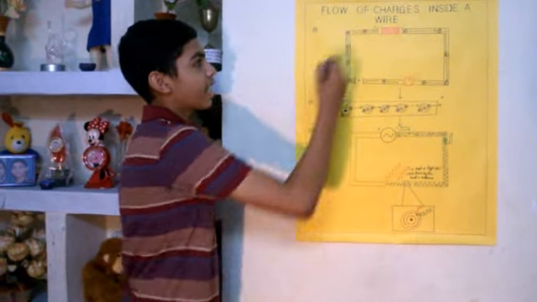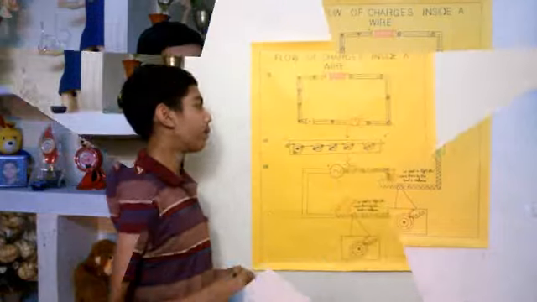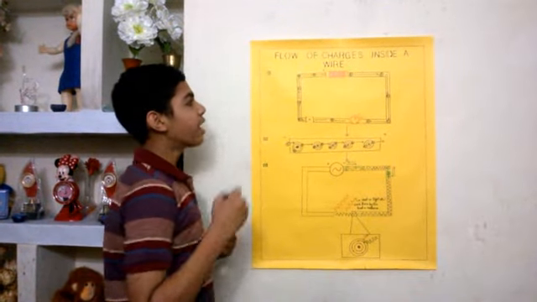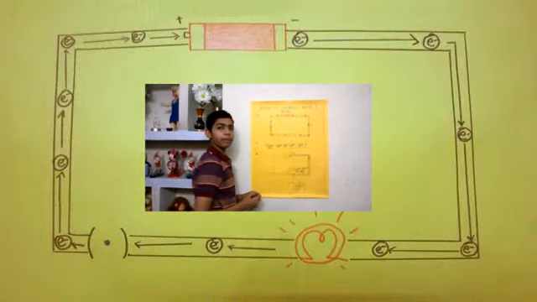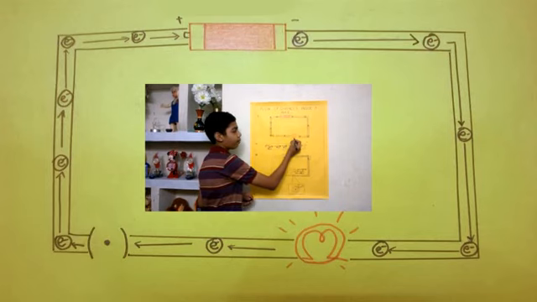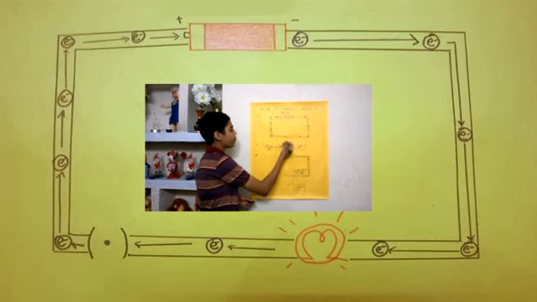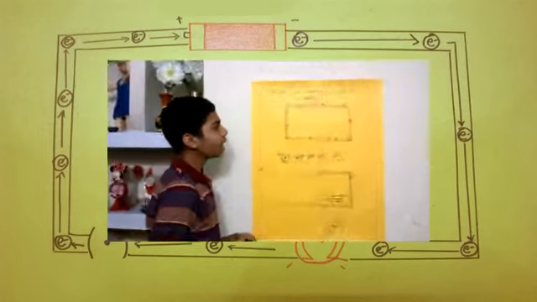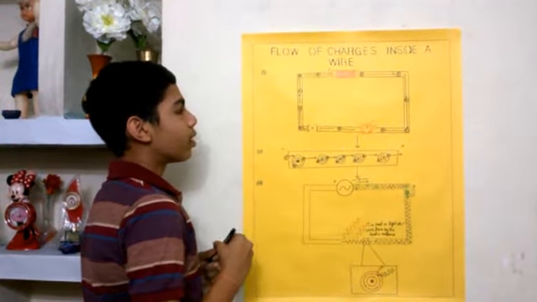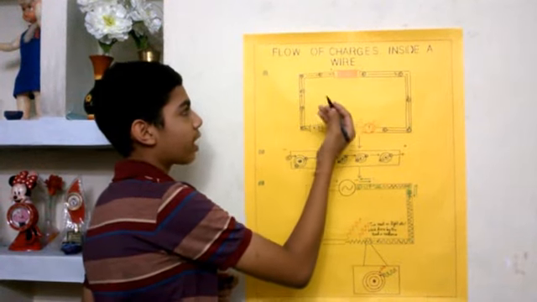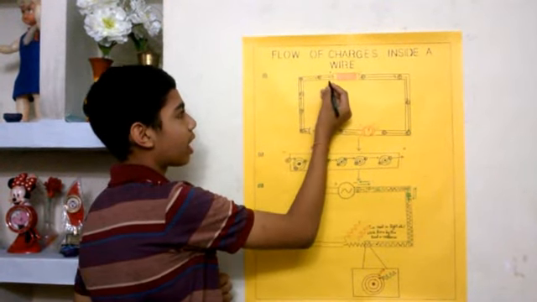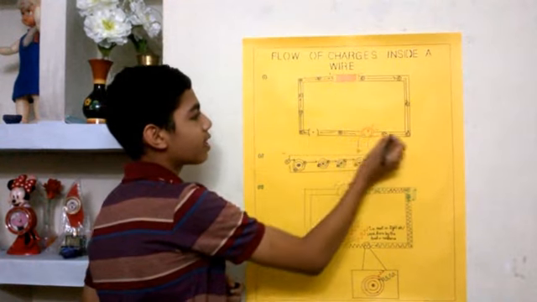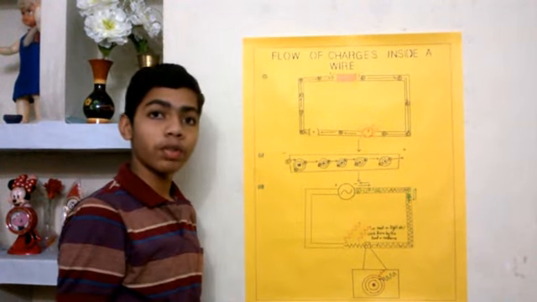Flow of charges inside a wire. The first idea. In a general circuit, we have a voltage source that may be a battery, a load which can be a bulb, a switch, and a conducting wire. In this type, the current flows according to the convention from plus to minus, from when we didn't know about the electrons.